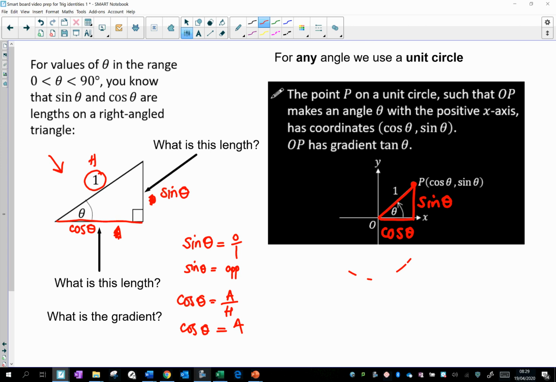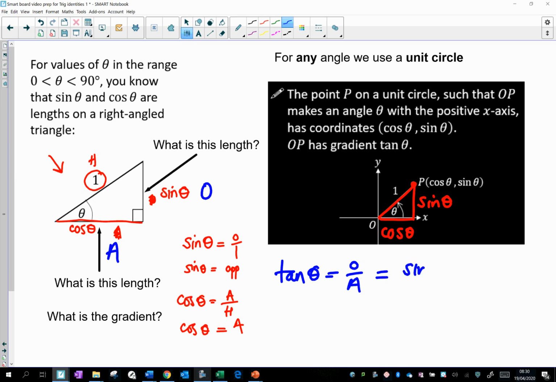Now let's have a think about tan. Tan is going to be the opposite over the adjacent. Remember, we had the opposite here, and the adjacent here. We can think of tan theta in two ways. Tan theta is sine theta divided by cos theta, the opposite divided by the adjacent.